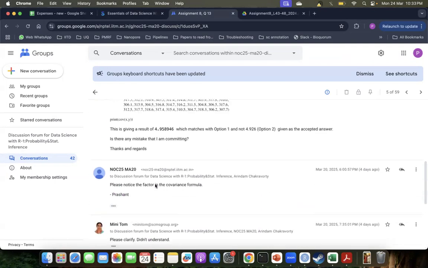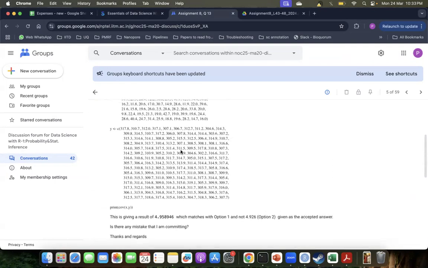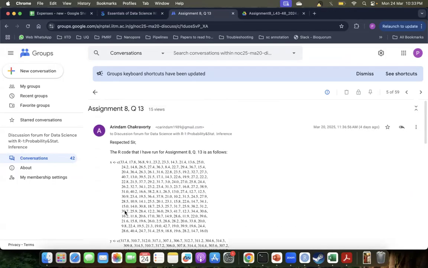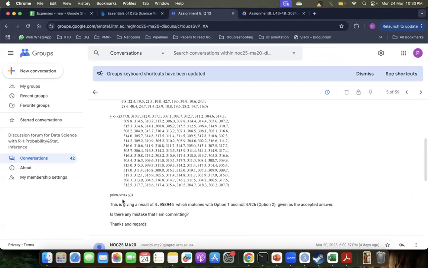In this question, if you directly compute covariance, the denominator it will take is n. So whatever answer you get, you have to multiply that by n and then divide by n minus 1, so that effectively your denominator is n minus 1 now.